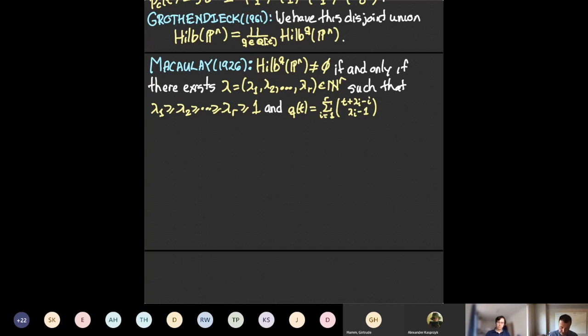So not so complicated. So we know when these pieces are non-empty, and we see it has a nice way of determining that combinatorially. We know even more.